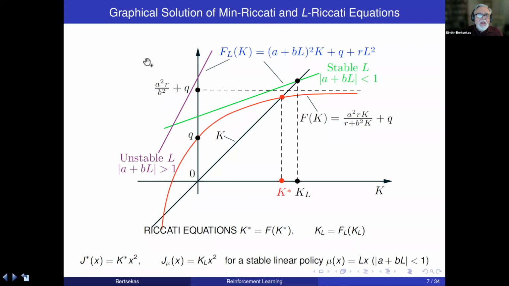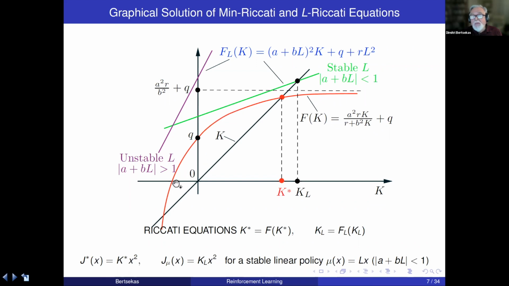Okay, so this is how we solve the min-Riccati and the L-Riccati equations. This one is linear, and for a stable policy, it does give you the cost of the policy. And this one is concave, and notice also that the green lines, all of them lie above the red line, because these are obtained by minimization.